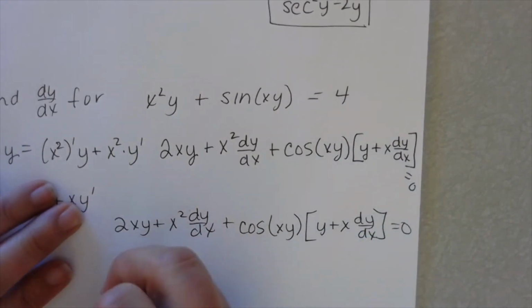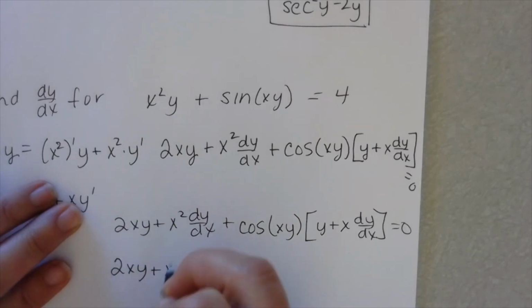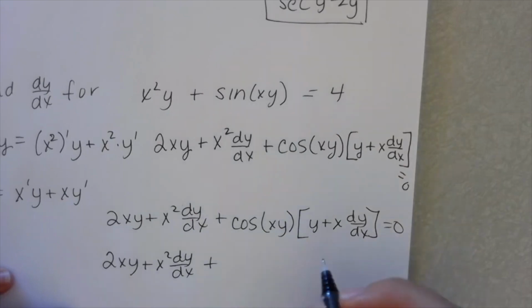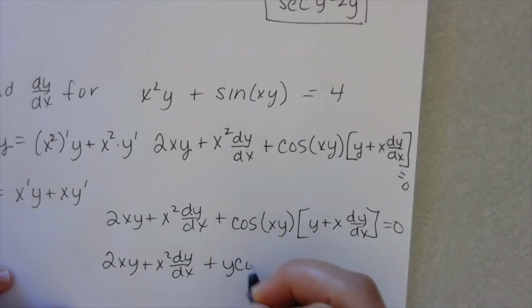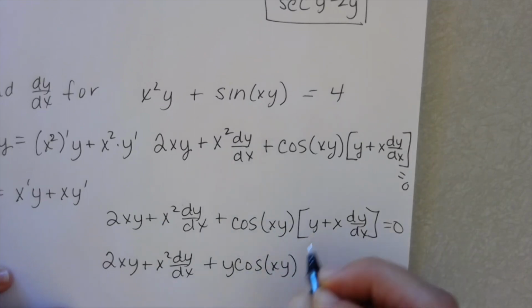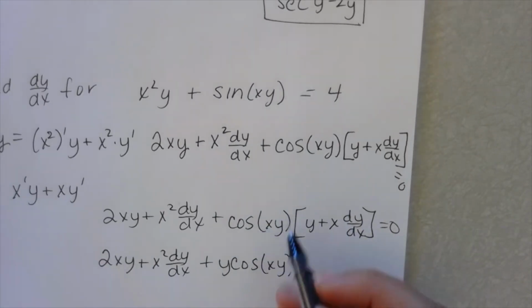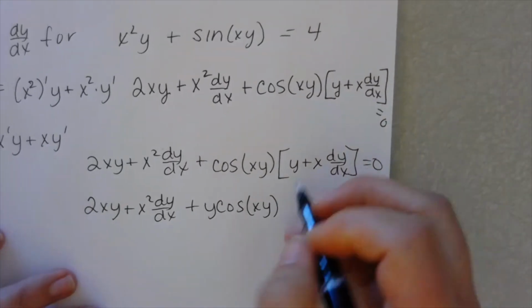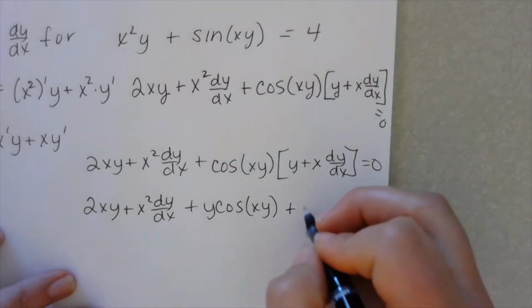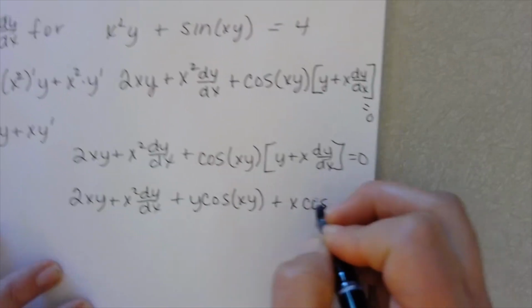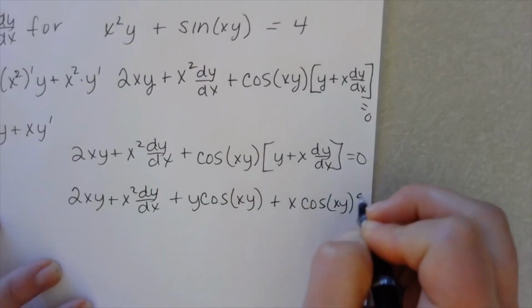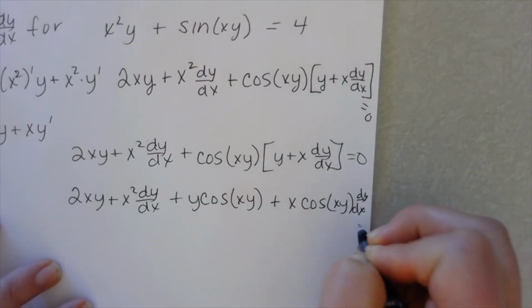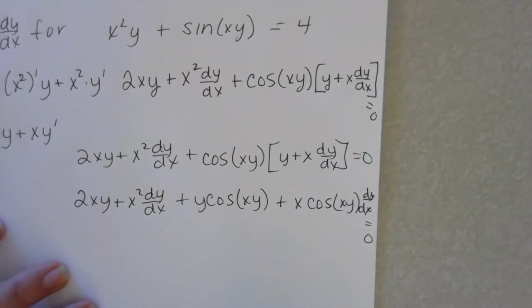So this will be the same, the 2xy plus x squared dy dx, and then I have plus y cosine of xy. I prefer to keep those in the front just so that they don't accidentally commingle with what's inside of cosine. And then I'm going to have plus x cosine of xy dy dx, again equal to 0.